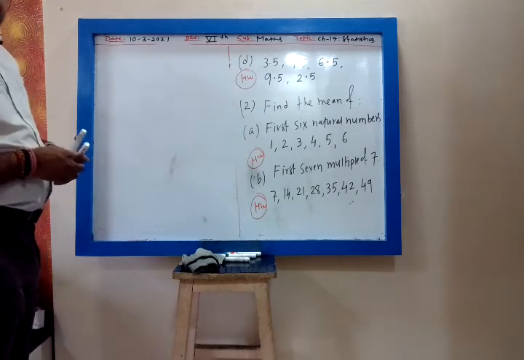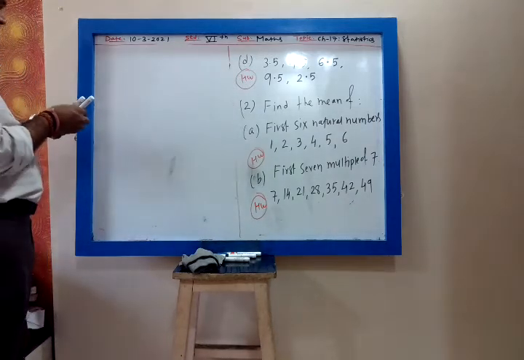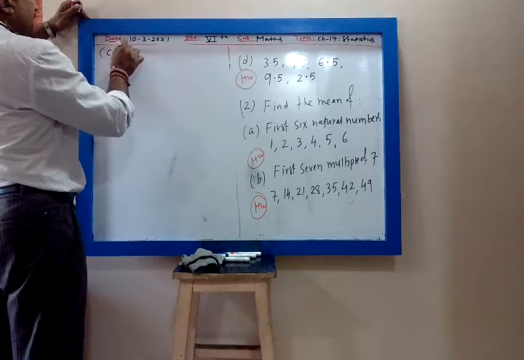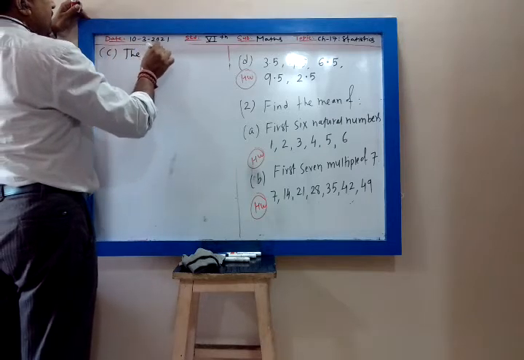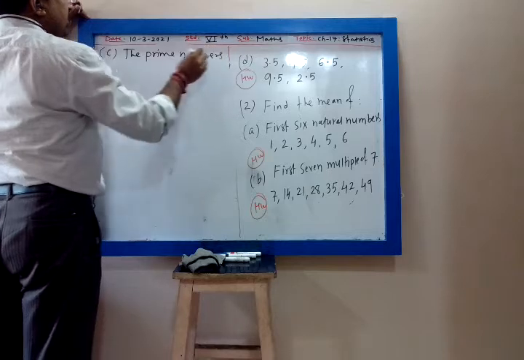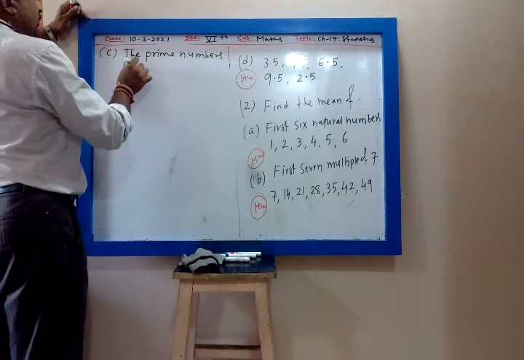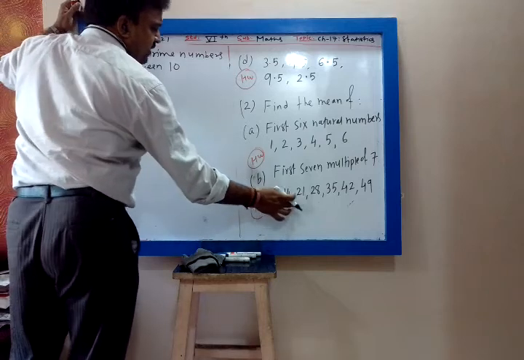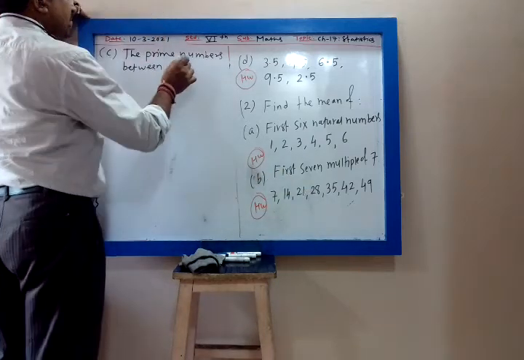Now C is the prime numbers between 10 to 40. For B, you add all the values and divide by 7.